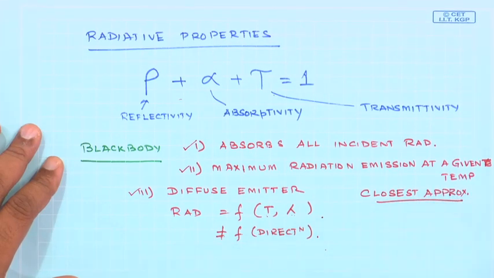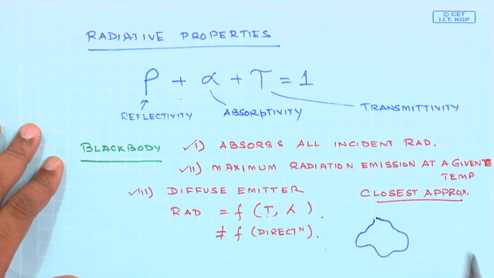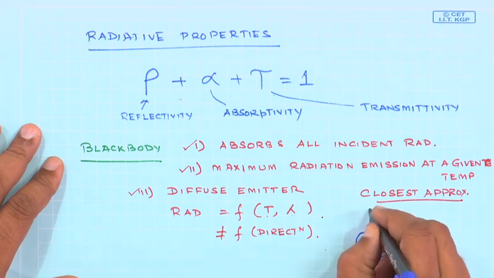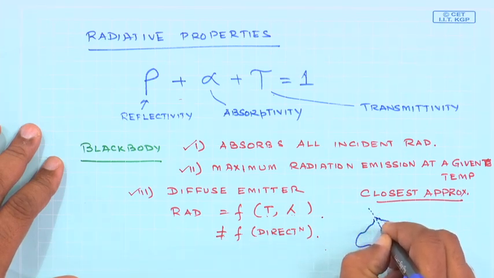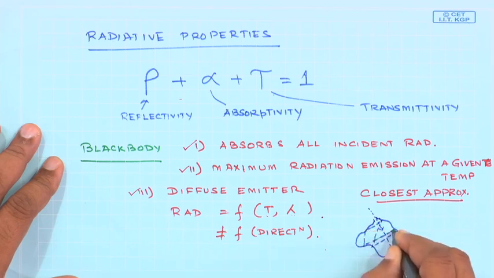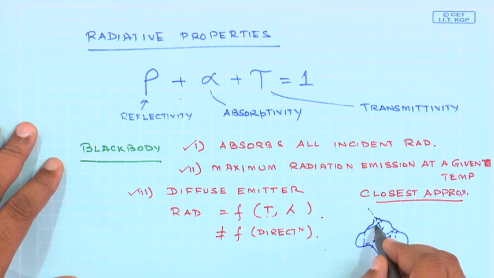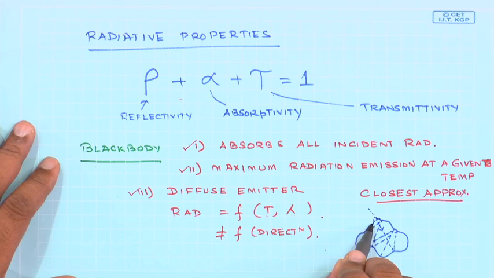can be obtained when you think of a small cavity. So, this is a small cavity with a very small opening over here. Any ray which comes inside is going to be reflected multiple times, and the chances of it going back outside through the narrow pore are extremely small.